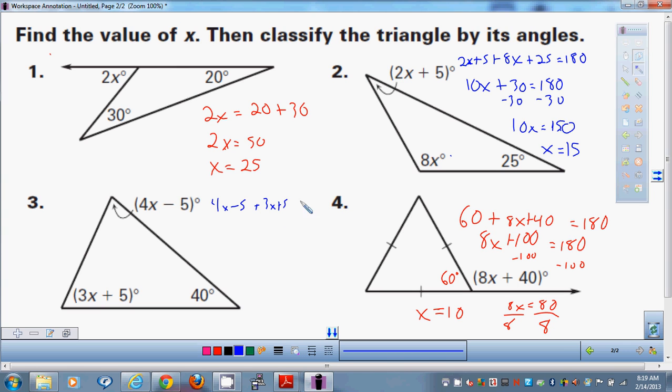All 3 angles of a triangle will always equal 180. So like terms, 4x plus 3x, 7x, minus 5 plus 5, those are going to cancel, plus 40 equals 180.